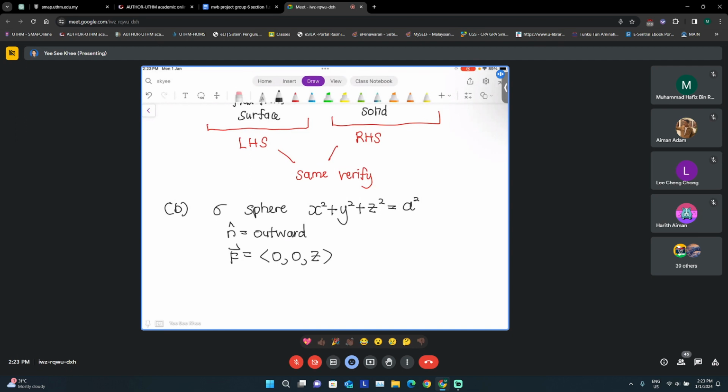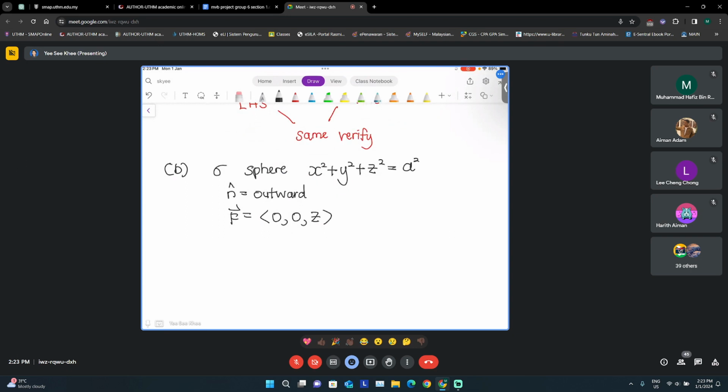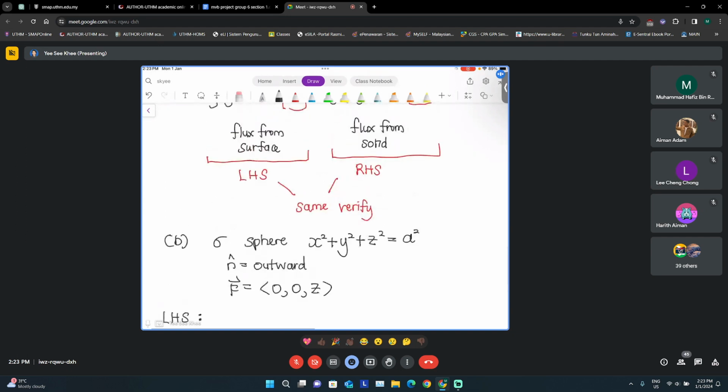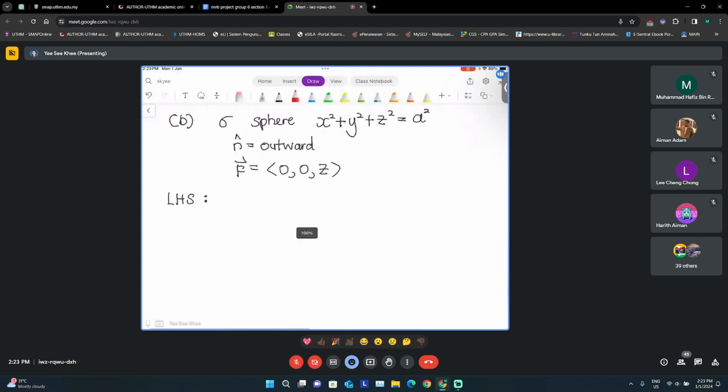So now let's solve for the left hand side. You have to solve for this one. F is given, and we have to find this thing, and then we define the integral. We go through the same process like the first question I explained.